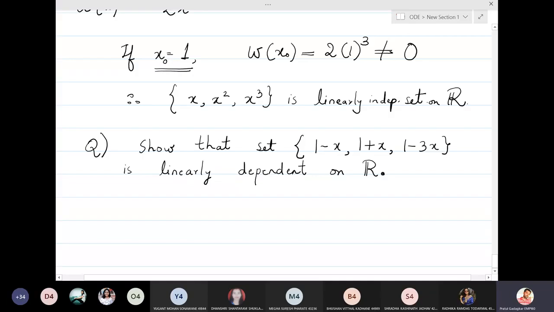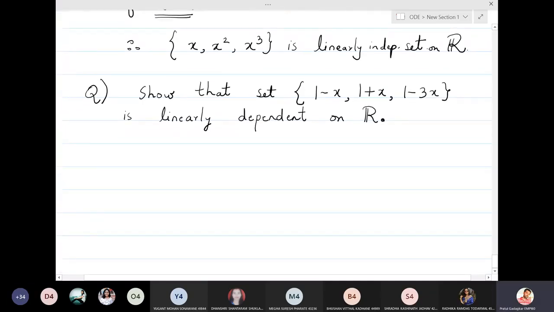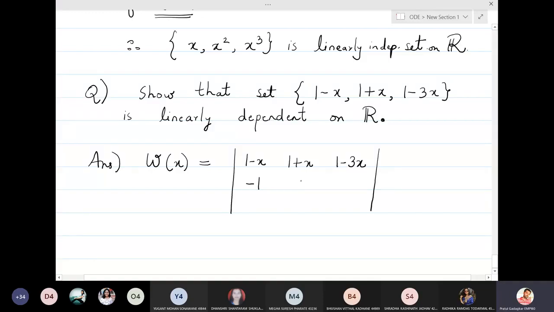Okay, now I will try to figure out what the Wronskian is. The first row is the three functions as they are: 1 minus x, 1 plus x, and 1 minus 3x. The second row will be the derivatives, which will be minus 1, 1 and minus 3. And the third row will be completely 0.